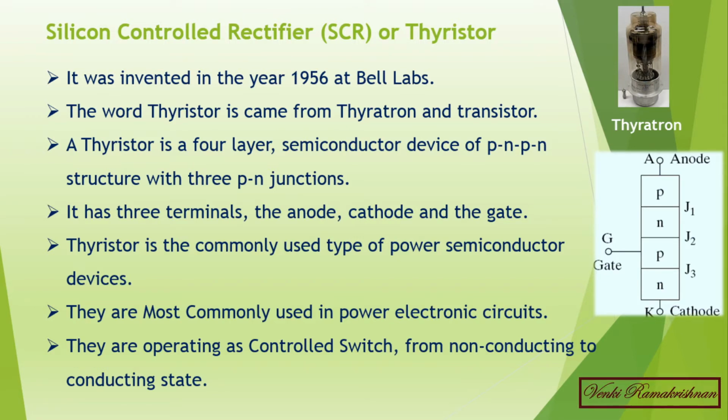Okay, now we will start its construction features and operation. So as shown in the figure, thyristor is a 4-layer semiconductor device of PN-PN structure, which forms 3 PN junctions, namely J1, J2 and J3.